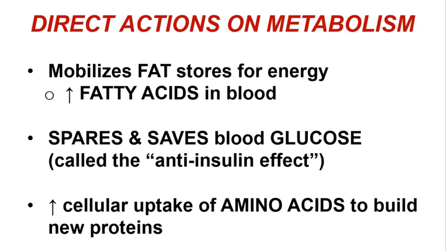Both of these effects help to keep blood glucose elevated, which is referred to as the anti-insulin effect, because growth hormone has the opposite effect of the hormone insulin, which comes from the pancreas. The hormone also increases uptake of amino acids into cells. And as we are aware, amino acids are required for the body to build and construct new proteins.